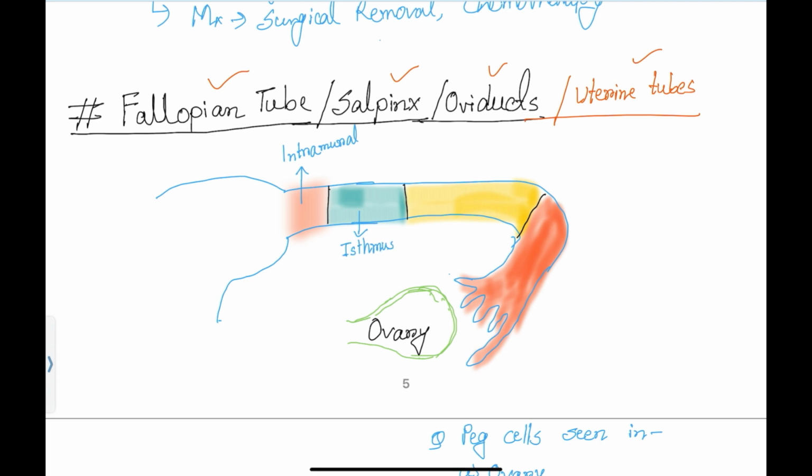This is called the ampulla, a very famous part of the fallopian tube, and different clinical concepts are associated with this ampulla. We will discuss them one by one. And this portion we call your infundibulum.